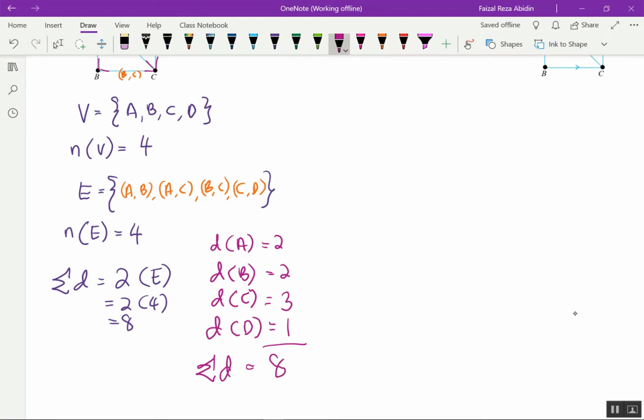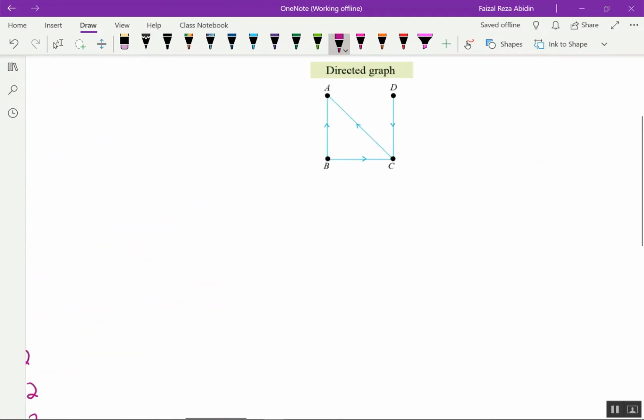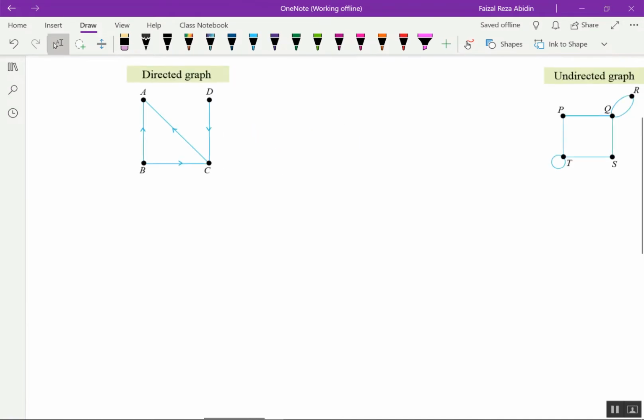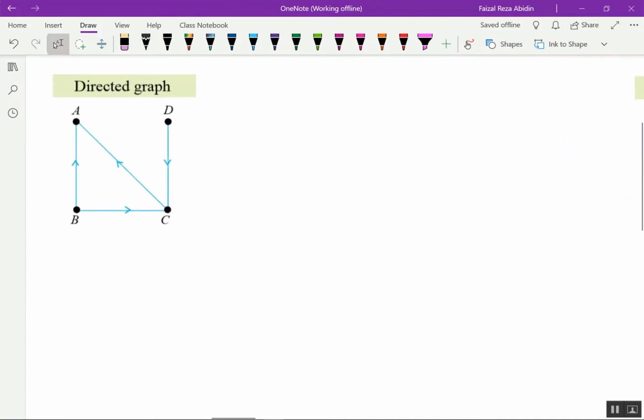Now we are going to look at our directed graph. If you look closely, they are given a direction over there. Can you see that? First of all, I want to list down my vertices. What vertices do we have?